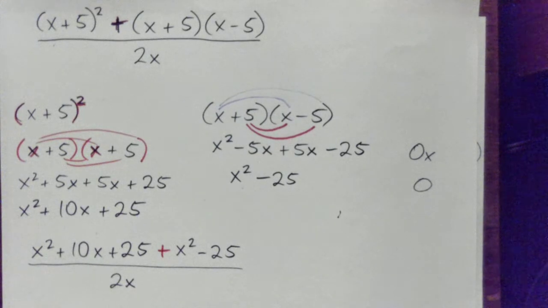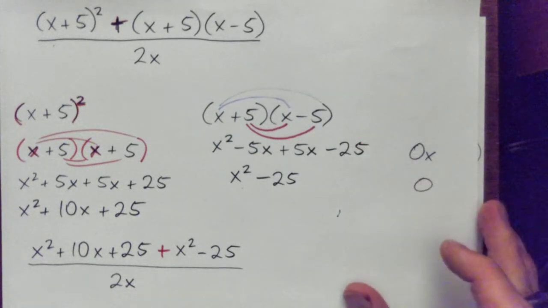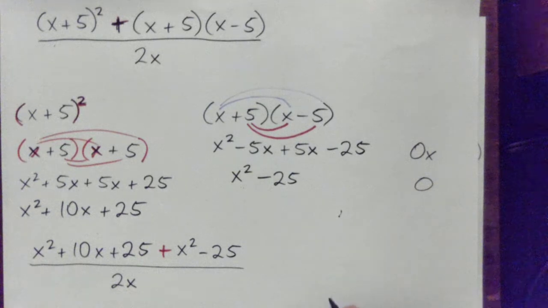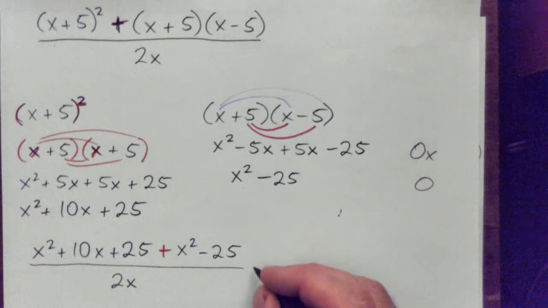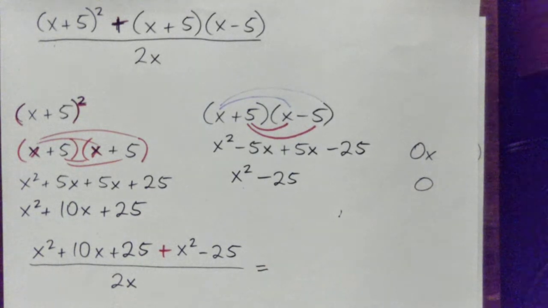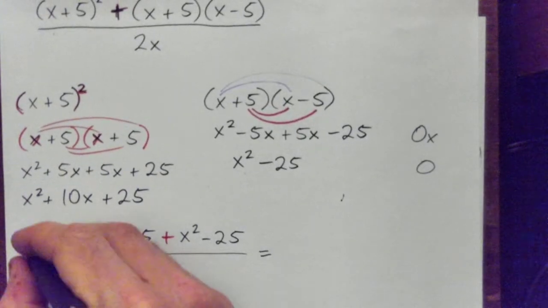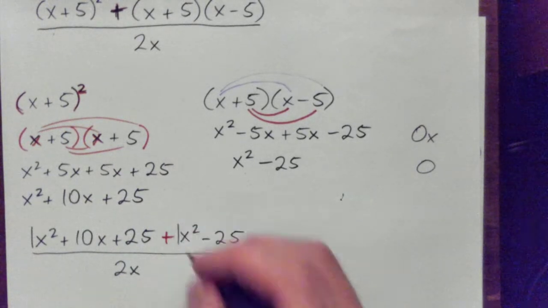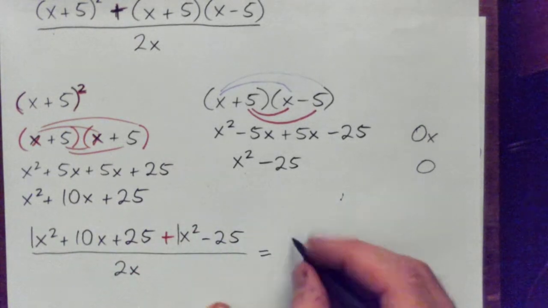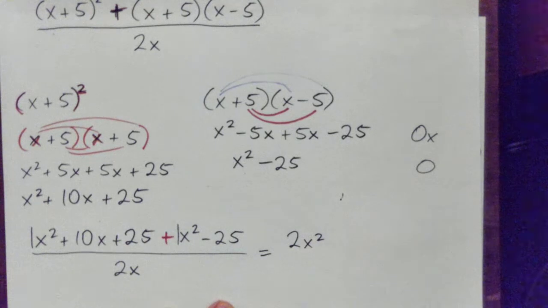Okay, so let's write that out, and then we'll add like terms and see what we get. Good. You've got an x squared here and an x squared here. That's like 1x squared plus 1x squared, so that's 2x squared.